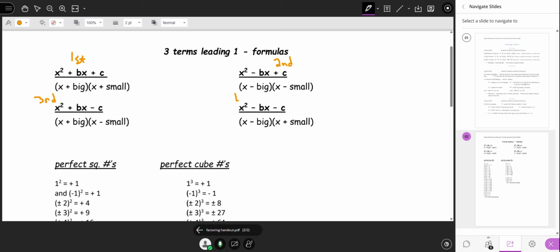And your fourth possibility. Notice with the first and second possibility, your constant is positive. The last two possibilities, your constant is negative.